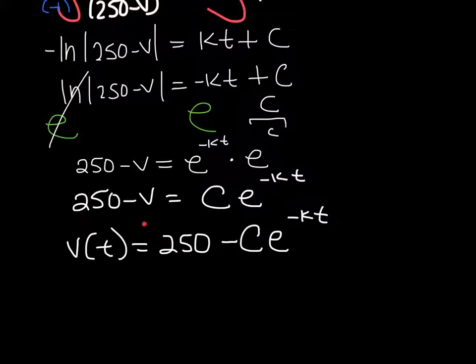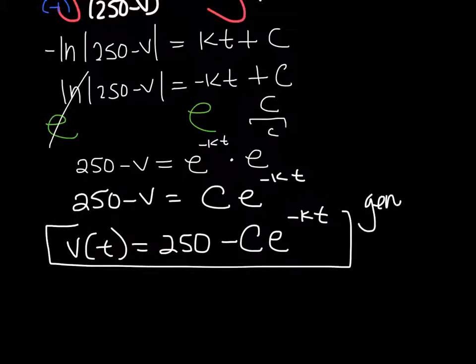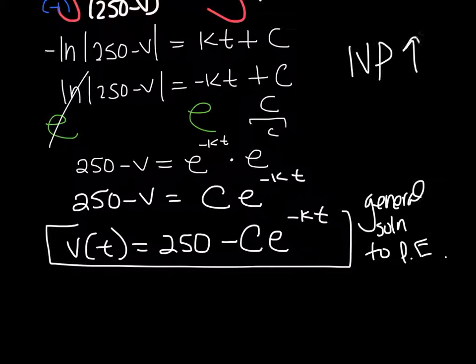I just brought my 250 over and then multiplied both sides by -1. So this is my function. Here is a general solution to our differential equation. We just need to find our constants, c and k. This makes sense because we have an initial value problem from above.